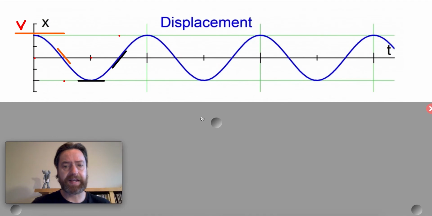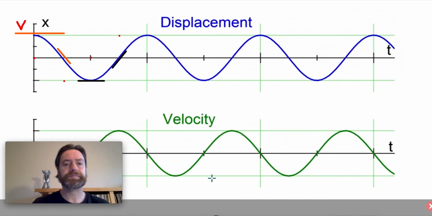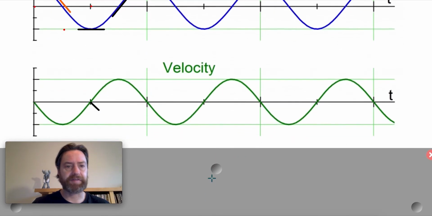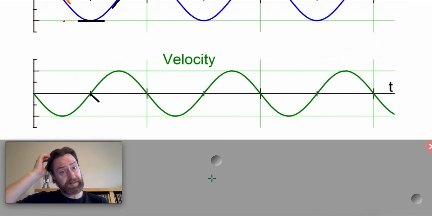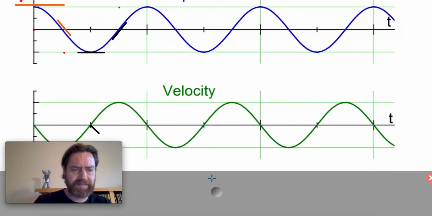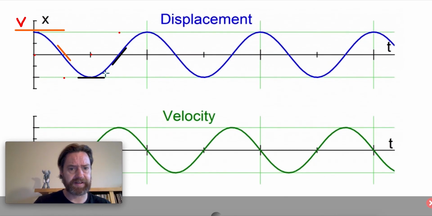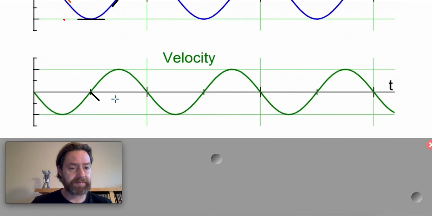So underneath here, there's one that I prepared earlier. So a velocity time graph basically looks like this. If we start here with this one being a cos graph, the velocity time graph is like a negative sine graph.